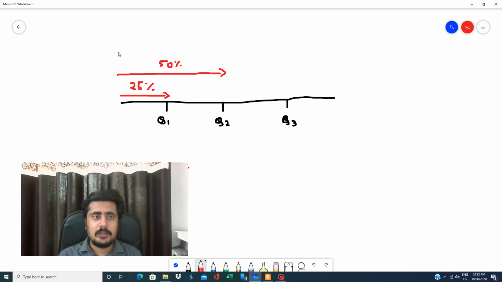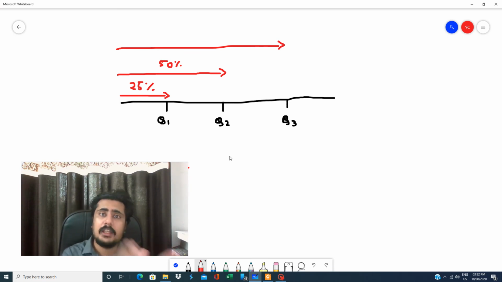Now Q3 is going to cover 25, 25, 25, that is 75%. Now this is the logic of quartile.